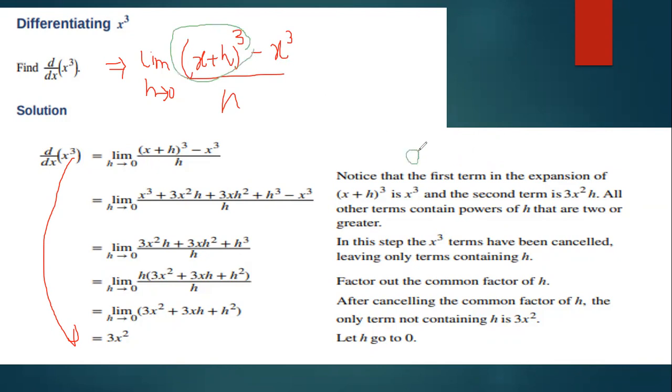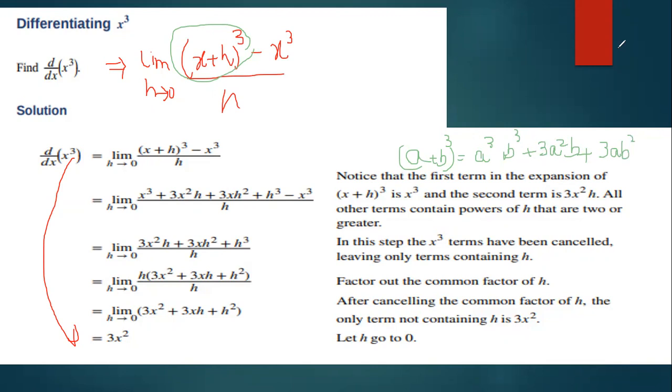This will be the (A plus B) whole cube formula, the cubic formula. (A plus B) whole cube equals A cube plus B cube plus 3A square B plus 3AB square.